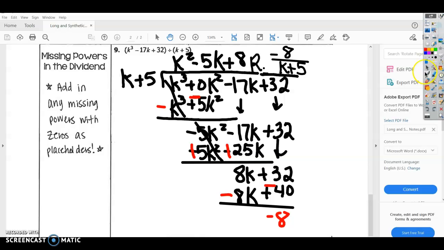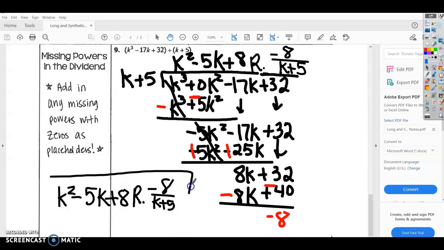And I'm going to write it down here again: k squared minus 5k plus 8, remainder negative 8 over k plus 5. If you wanted to check yourself, you could take this polynomial and multiply it by k plus 5 and then add the negative 8, and you should get the original polynomial.